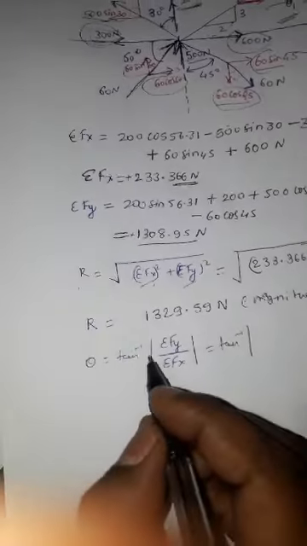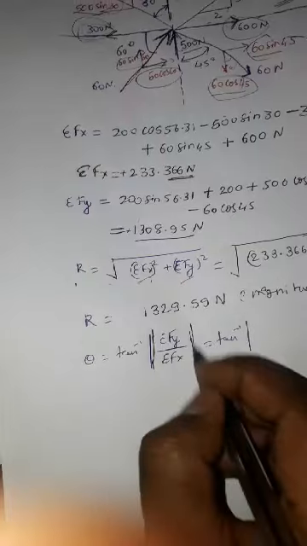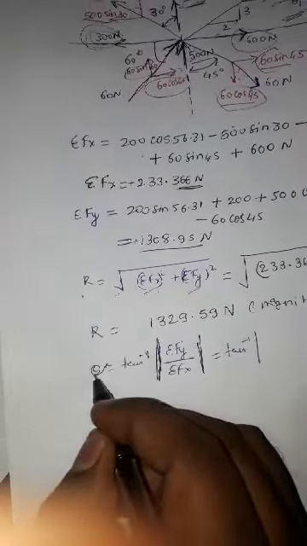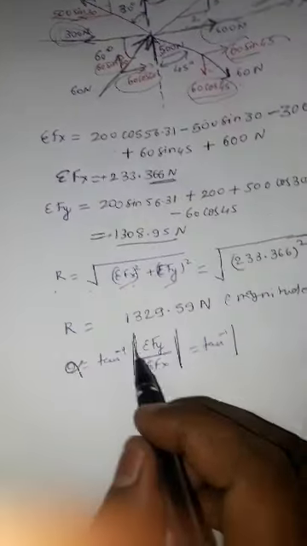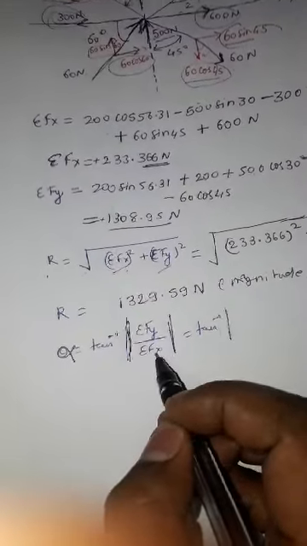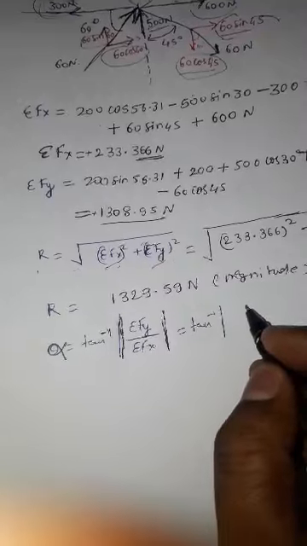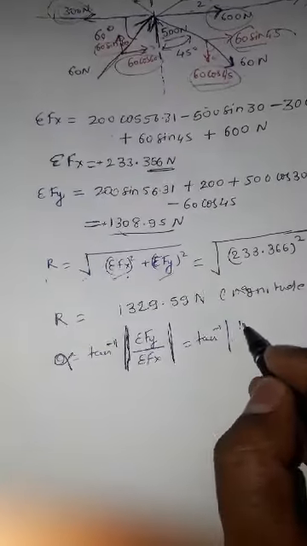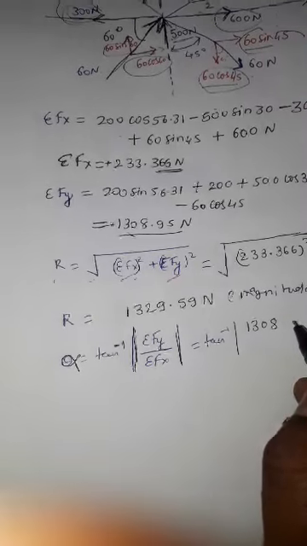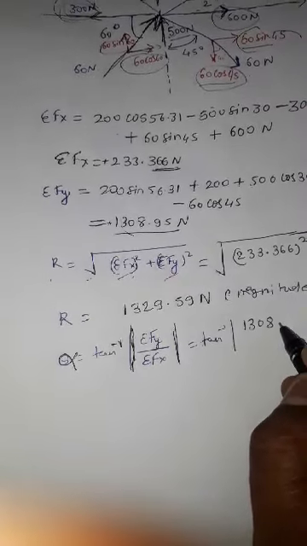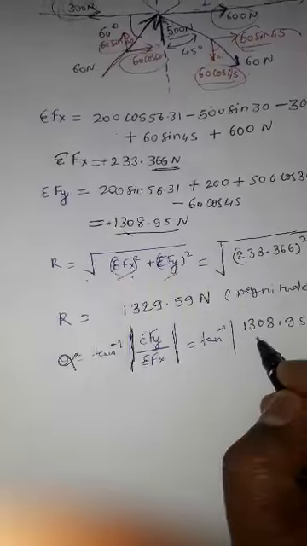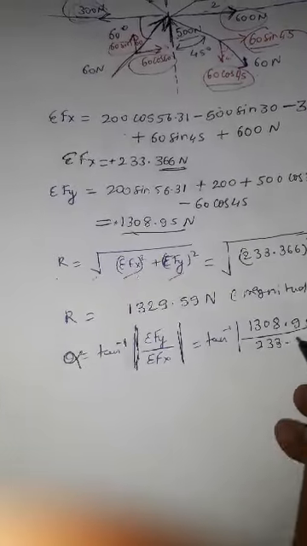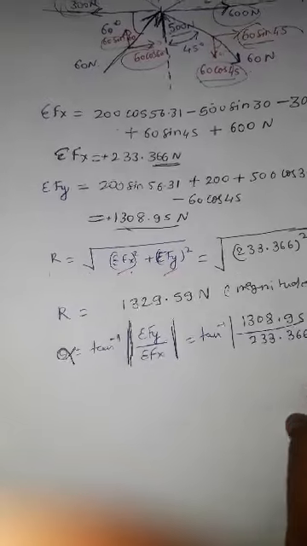Now to calculate direction, I have a formula. Suppose I am using alpha here, so alpha equals tan inverse summation Fy by summation Fx. Summation Fy value is positive, so I am writing it as a positive value. So tan inverse of 1308.95, this is summation Fy, divided by summation Fx, 233.366.